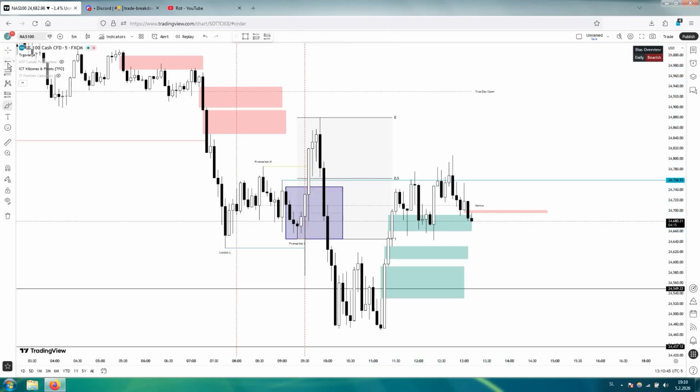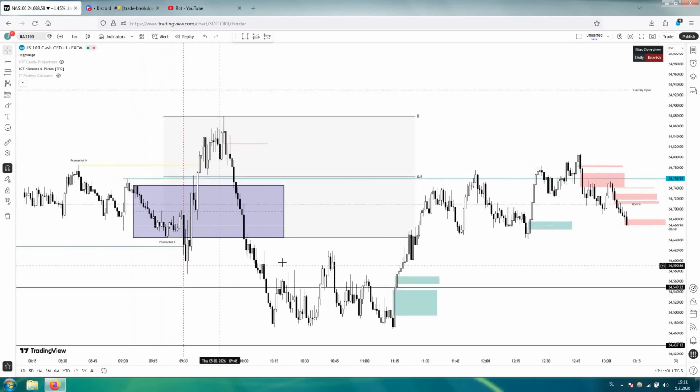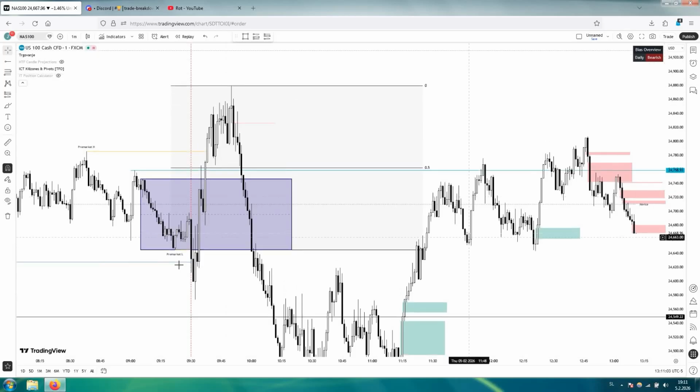But of course, the reality showed different. As soon as we touched the 0.5 on equilibrium and touched the order block, I went to the 1 minute chart and started to pay attention for the reversal.